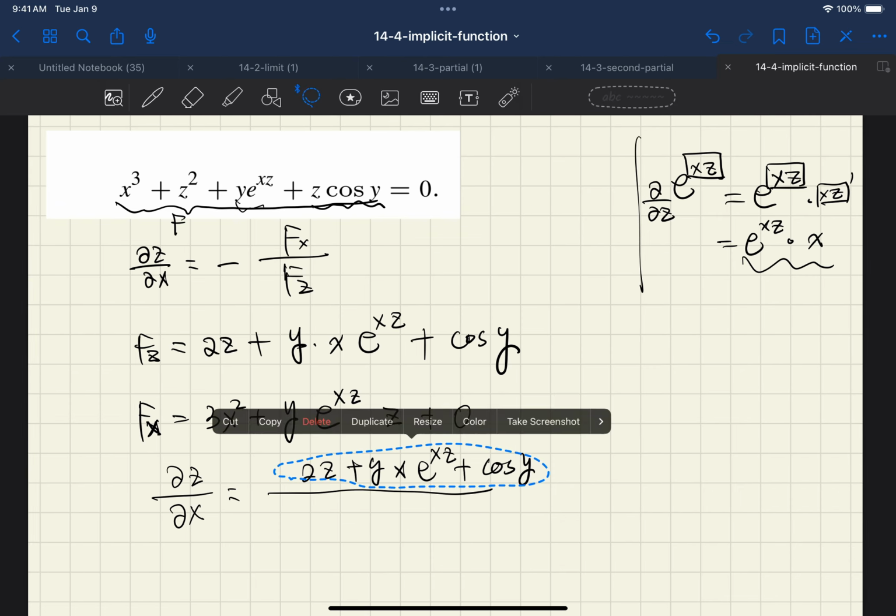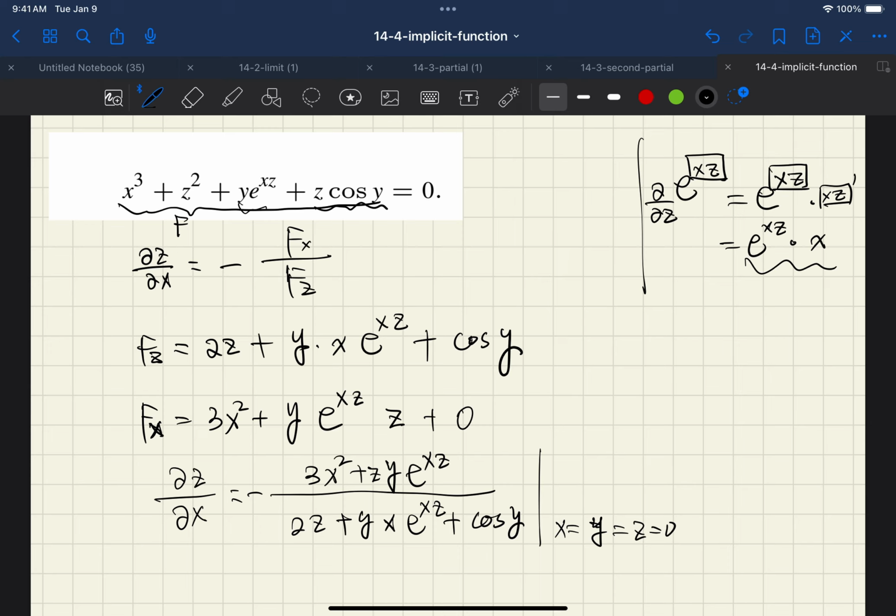I won't put x, y, z as 0 yet, because the target point in the problem is 0, 0, 0. So we replace every x, y, z with 0. Then the numerator is 0, the denominator is cosine 0, which is 1, so this becomes 0.